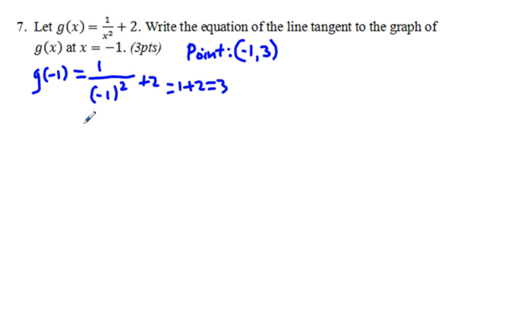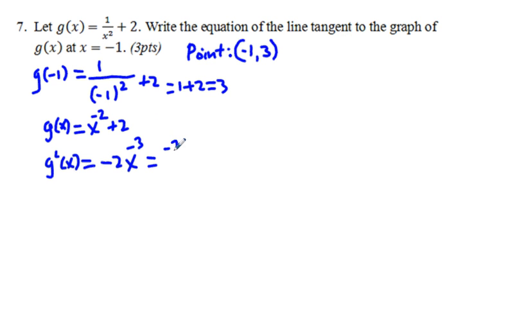Well, for the slope, we're going to need to take g prime of x, but before differentiating, we're going to rewrite g of x as x to the -2 power plus 2. So g prime of x is going to be equal to -2 x to the -3 power, and the 2 zeroes out, so we're going to have -2 over x cubed.